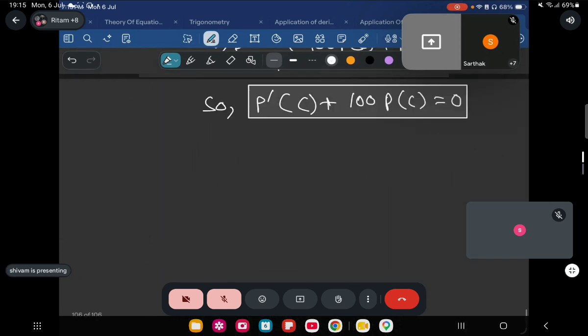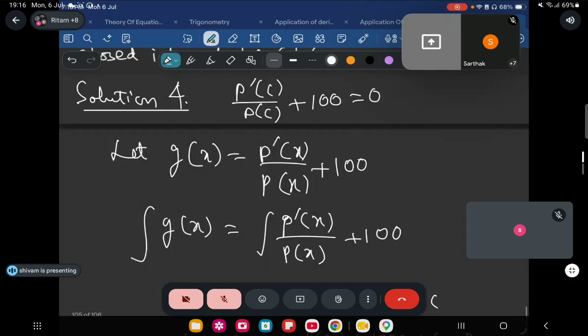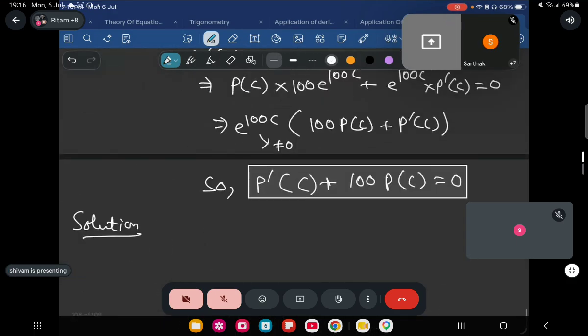Let g of x be equal to f double dash x whole square. Actually, let us take the integral of this, such that g dash x will be equal to 0.